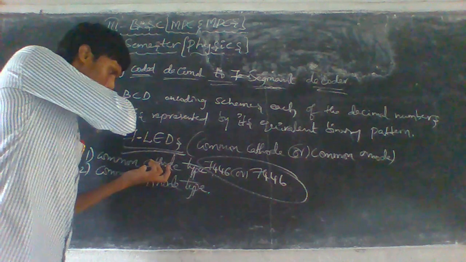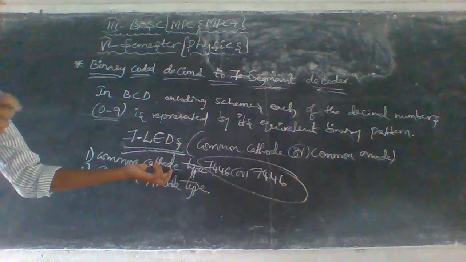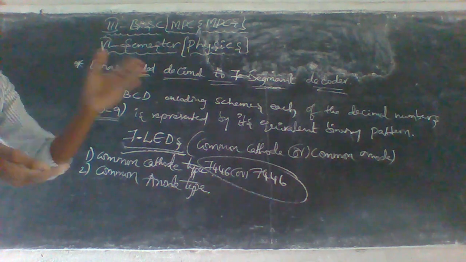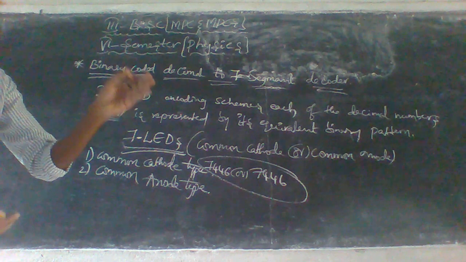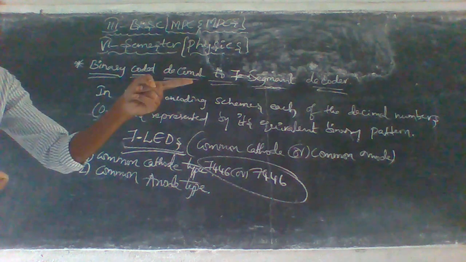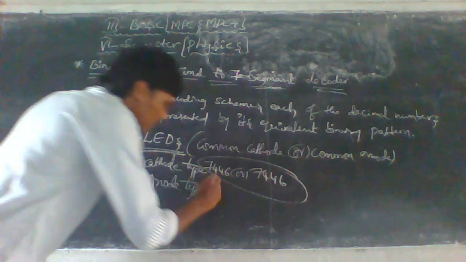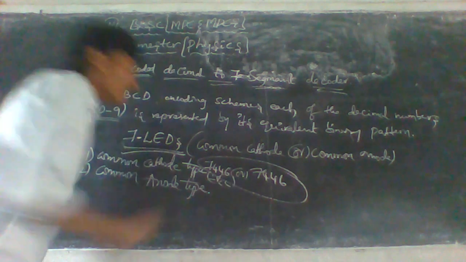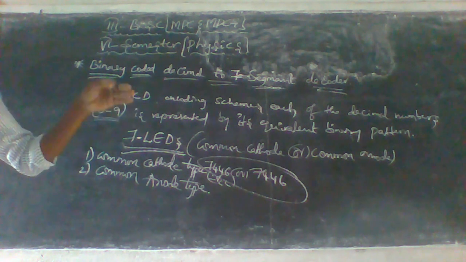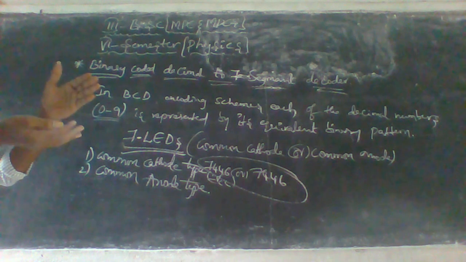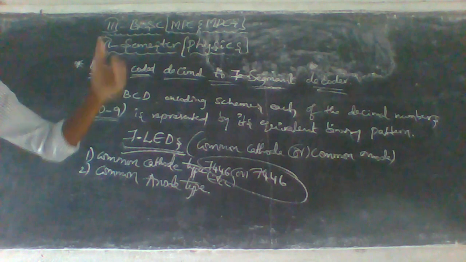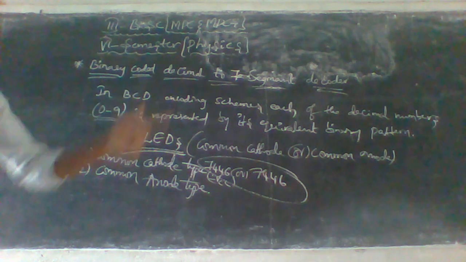In this type of display, all cathodes of the 7 light emitting diodes are connected together to the ground or minus VCC. Hence, common cathode. The light emitting diode displays digits when a high signal is supplied to the individual anodes.